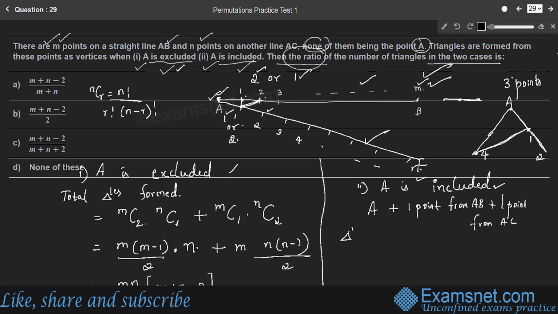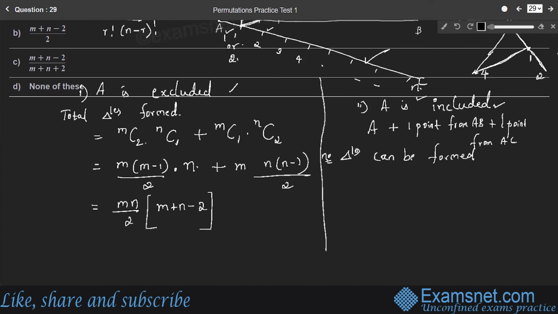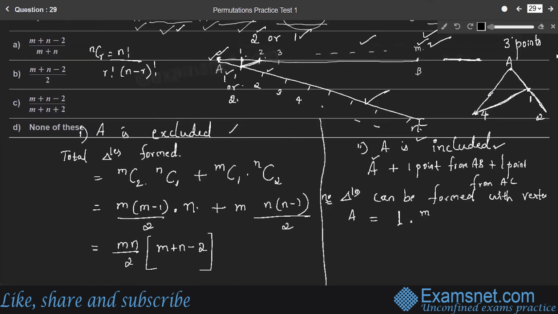Therefore, the number of triangles that can be formed with vertex A is equal to: 1 point, we select A, and on line AB, out of m points, you select 1 point.